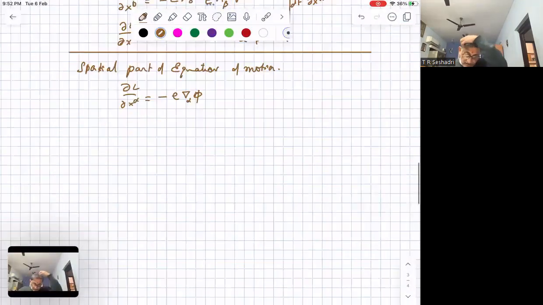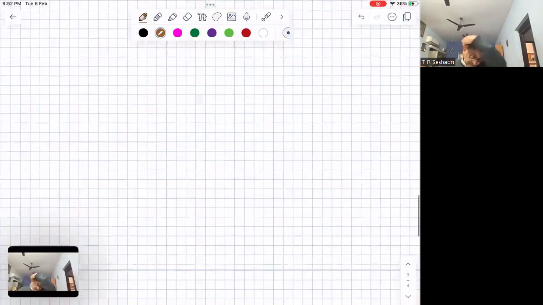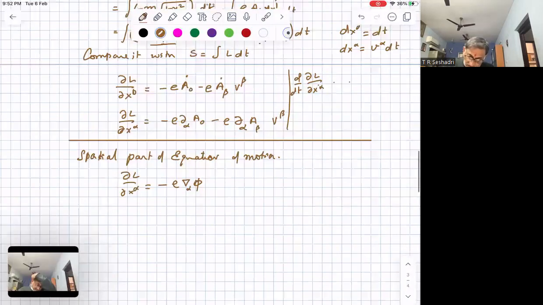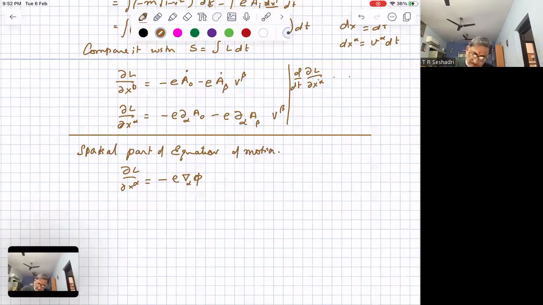And then, writing it with the vector potential, this will be plus E del by del X alpha A beta V beta. Is that okay?